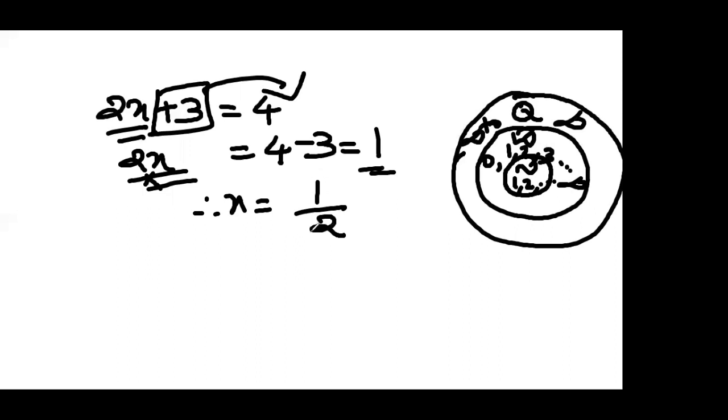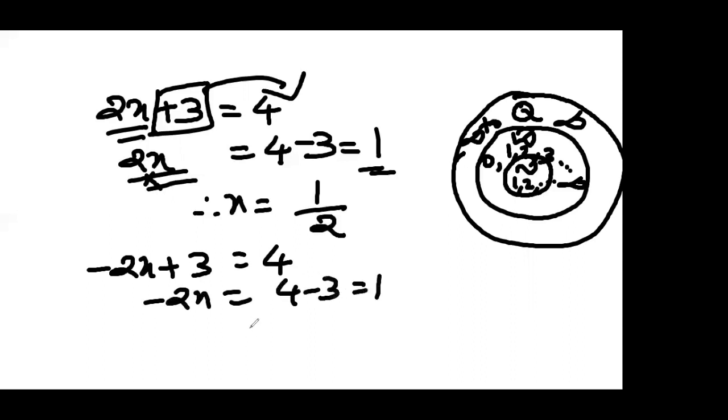So these are the numbers which we can write as a ratio. We have studied the ratio, meaning numerator by denominator. Suppose my question is 2x + 3 = 4. What is negative 2x? Negative 2x is in the same way 4 - 3, that is 1. And therefore x is equal to 1 by negative 2. So it will become negative 1 by 2.